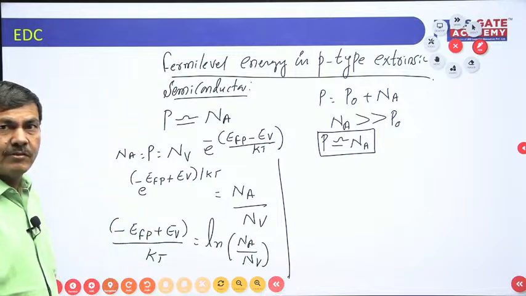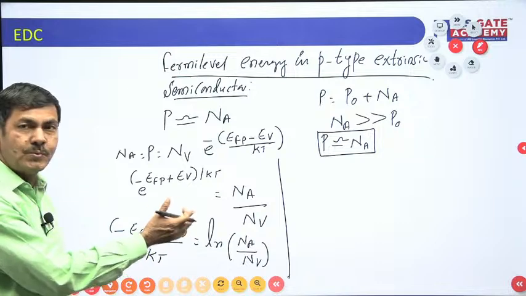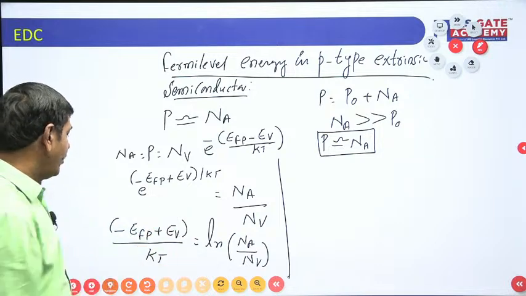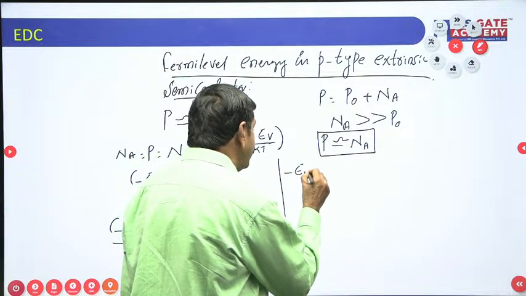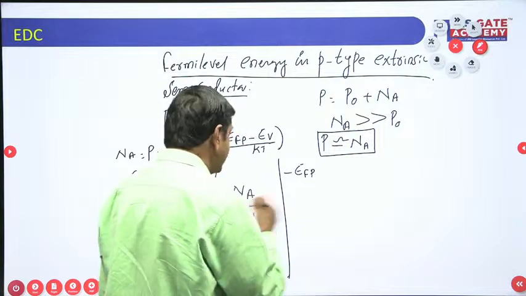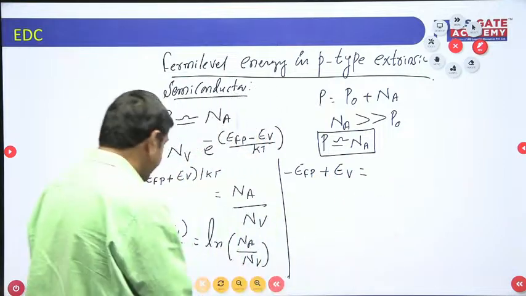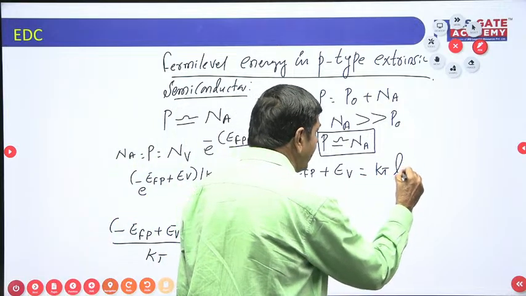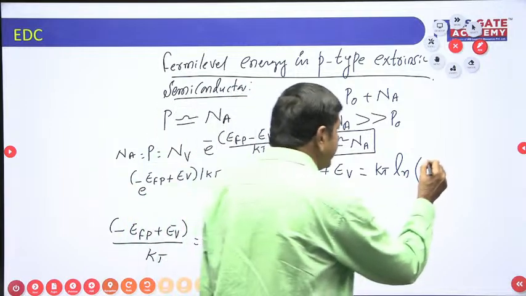So directly you can give the formula. Suppose the student has forgotten the formula, at least they can do this work and apply the formula. Minus EFp plus Ev equals kT into ln of Na by Nv.